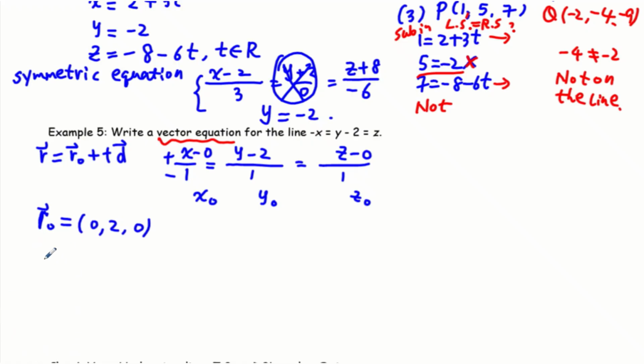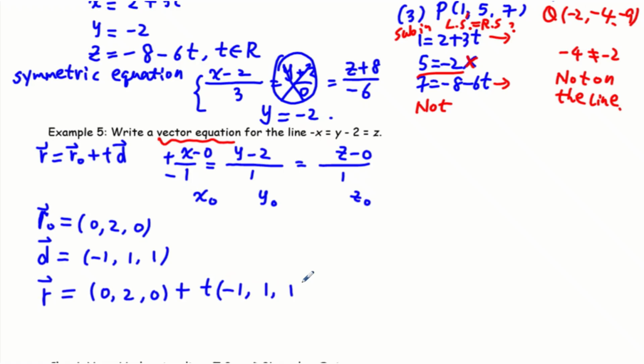And our direction vector is our numbers at the denominator, so it's (-1, 1, 1). We have r0, we have the direction vector. The vector equation for the line is (0, 2, 0) plus t times (-1, 1, 1), t belongs to all real numbers.